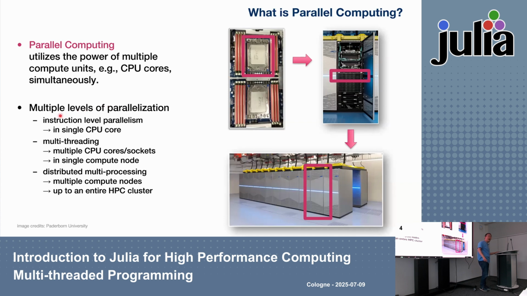So basically, as introduced by Alex this morning, even in a single CPU core, you can utilize the so-called vectorization or SIMD or similar terms to take advantage of the so-called instruction level parallelism. Maybe you never realized it, but you are already doing parallel computing, even for a single CPU core, as covered by Alex this morning.